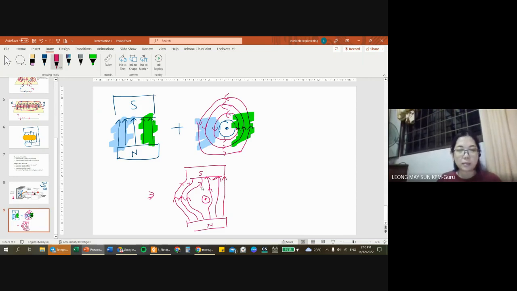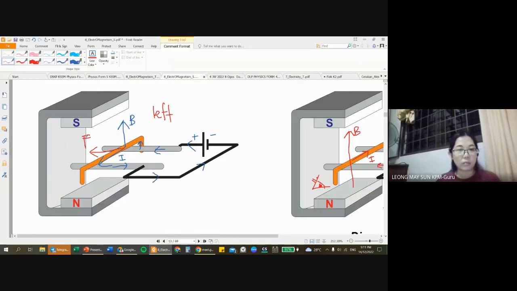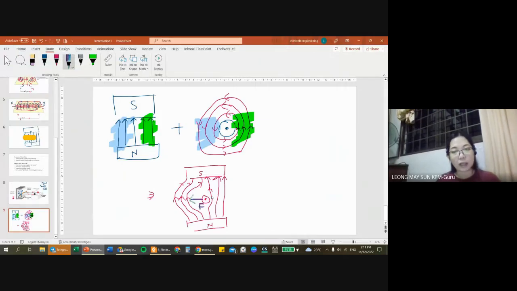So when this happens, you notice that there's an empty spot over here. This empty spot will cause this current carrying conductor to move to the left hand side. So that is how we see this one moving towards the left. See? Even the catapult effect shows that it's moving towards the left hand side.